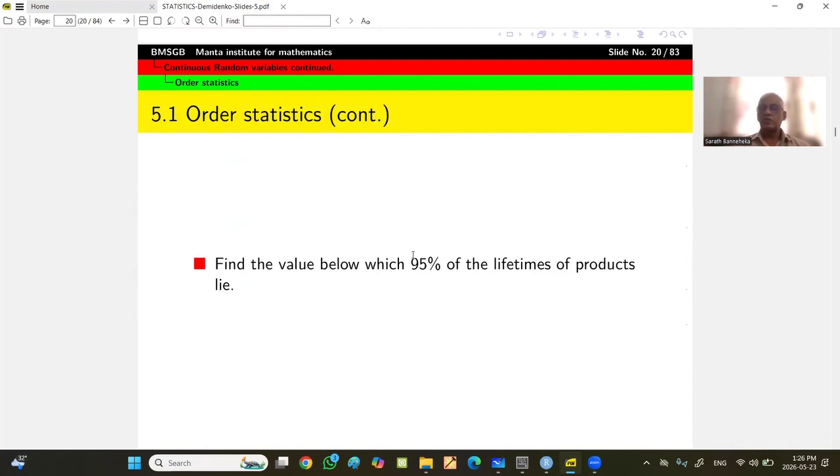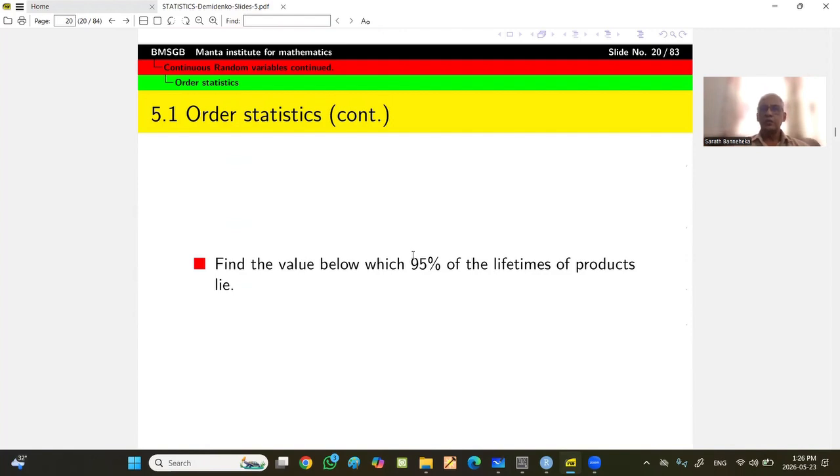Much easier way is to get an approximate value, not the exact values, but very close approximate values using simulations. So what we will do is simulate about 10,000 possible values of x1, assuming that x1 up to x4 are exponentially distributed with rate parameter 0.001, 1 out of 1,000.